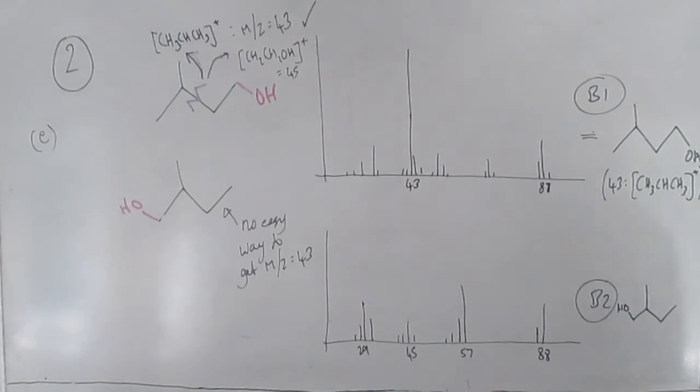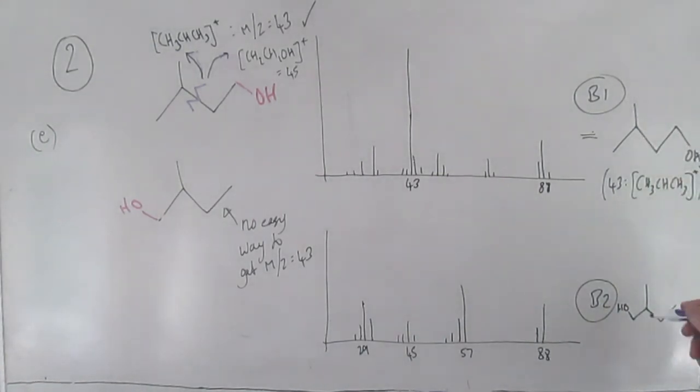And just for completeness, I guess you ought to show that you can get the most prominent peak from this. The 57 peak is a loss of 31 from there, and 31 corresponds to CH2OH.